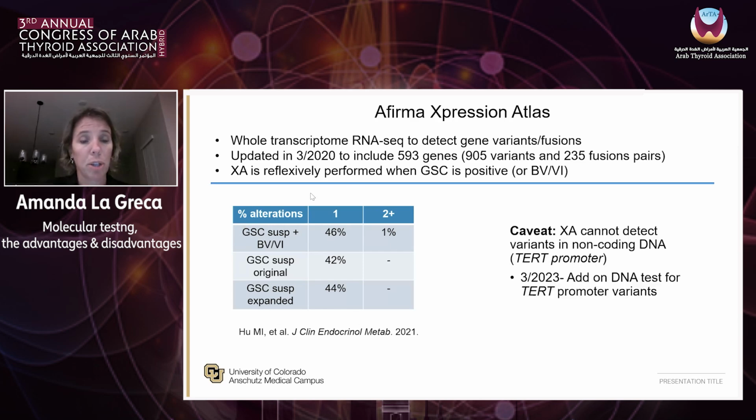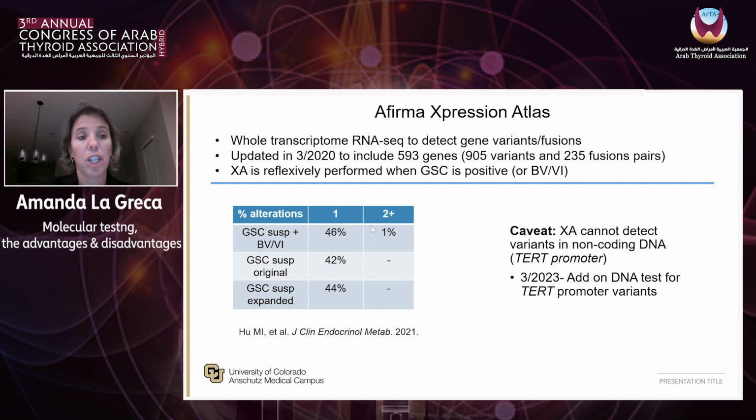On this little table that I'm showing here on the left, if we look at the number of alterations, in most cases, 46%, if we go for the GSC suspicious on Bethesda 5 and 6, on the GSC suspicious original, on the GSC suspicious expanded, the rate of one alteration found is around 42 to 46%.